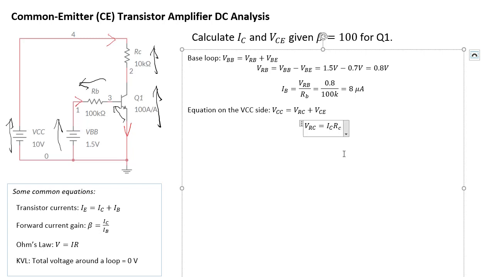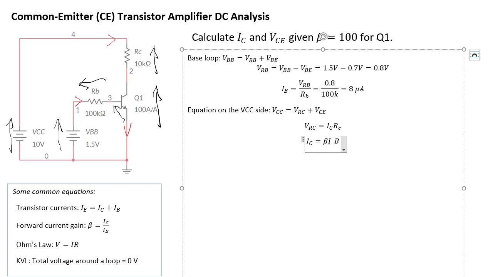How do we figure out IC? We have IB and the equation for beta, so IC is simply beta times IB.